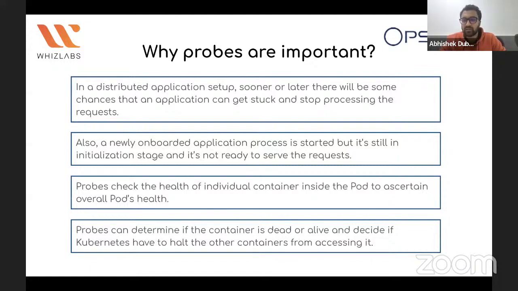You need a certain kind of mechanism where, if the dependent application is not working and you are not able to make a connection, you can restart your process and try to make that connection again. The same philosophy goes for the other dependent applications as well. So for example, if there is a dependent application and there is a nested dependent application, if you're not able to make a live connection, you should restart your process and try it again. So that is one of the things why probes are important.